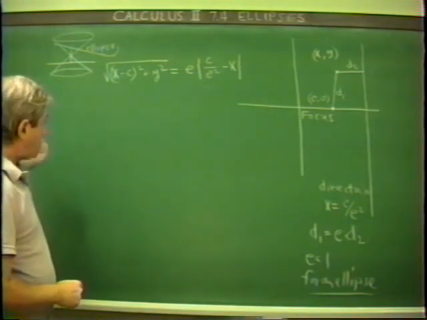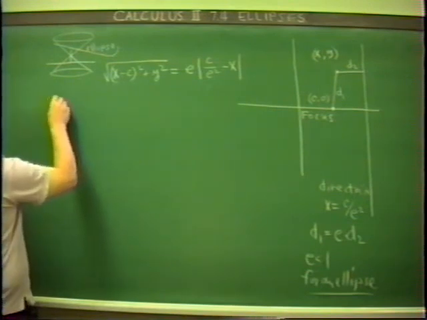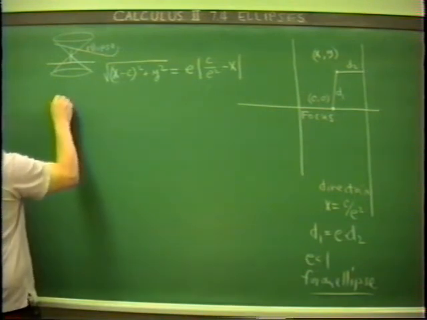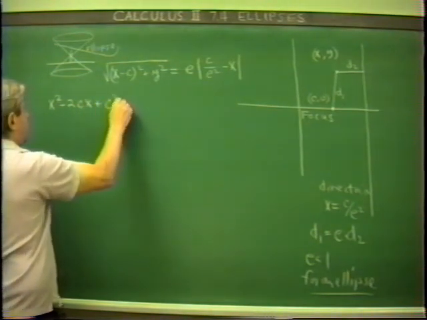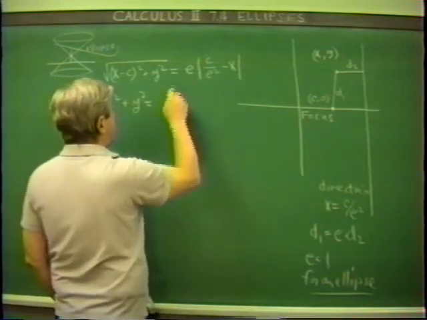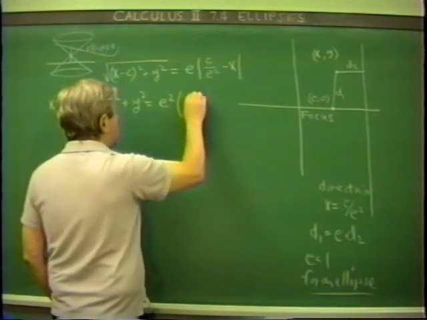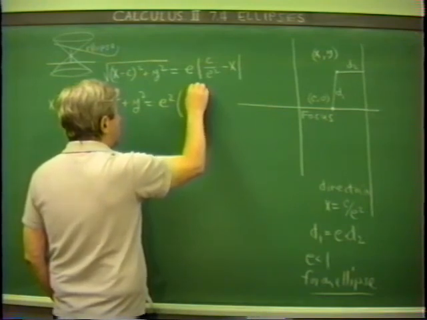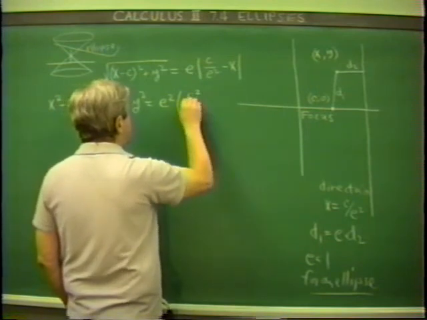We want to put this in a more convenient form. So then what we want to do with this is to square both sides. Now if we square the left-hand side here, we're going to get x squared minus 2cx plus c squared plus y squared. And this is supposed to be equal to e squared times c squared over e squared minus x. We'll square this.